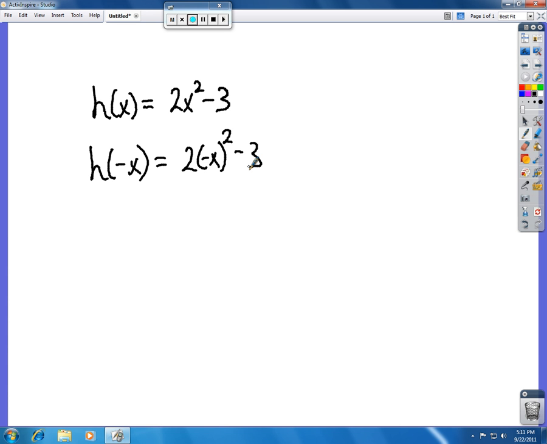In this case there's 2. So 2 negatives multiplied together are going to be positive, so we have 2x squared minus 3. So in this case, h of negative x is equal to h of x. Therefore, this is an even function.